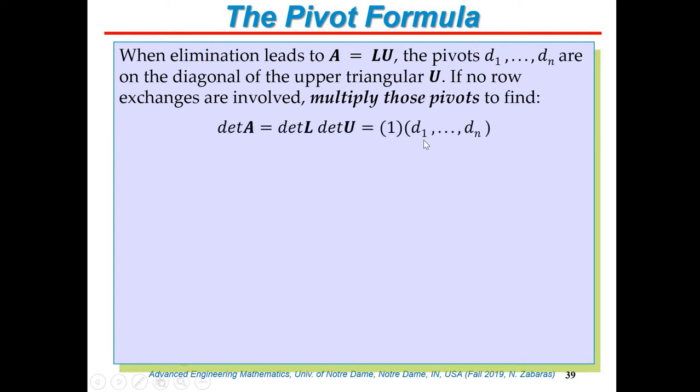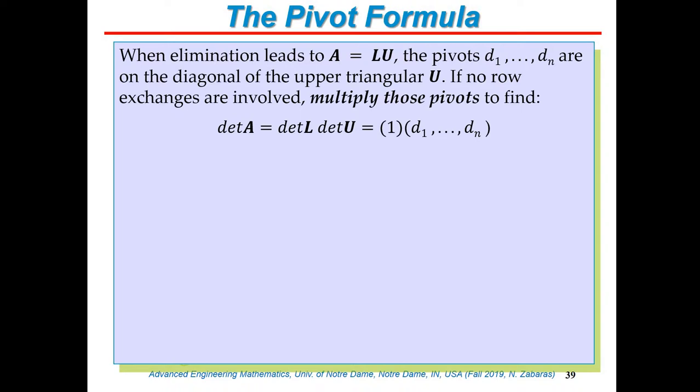So if you don't do any row exchanges and you factorize the matrix, effectively the determinant of A is the determinant of L times the determinant of U. And as a reminder, L has ones in the diagonal, so the determinant of that is equal to 1. And the determinant of U is the product of the pivot elements. Actually, these commas here should not be there. These commas should simply be multiplication.